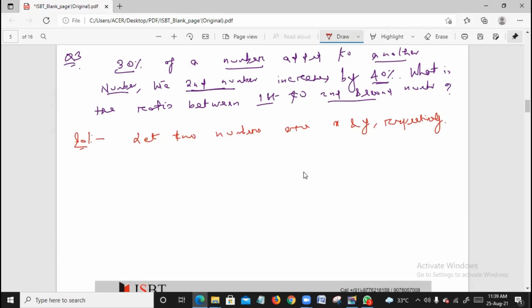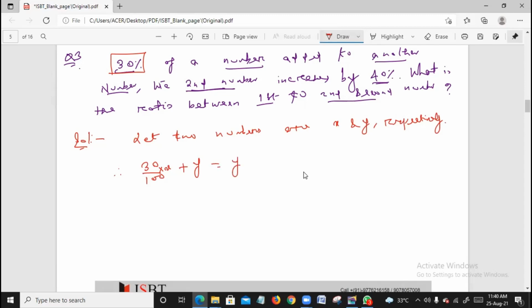Now 30% of number, so 30% of x added to another number. Okay, now the second number increases by 40%.